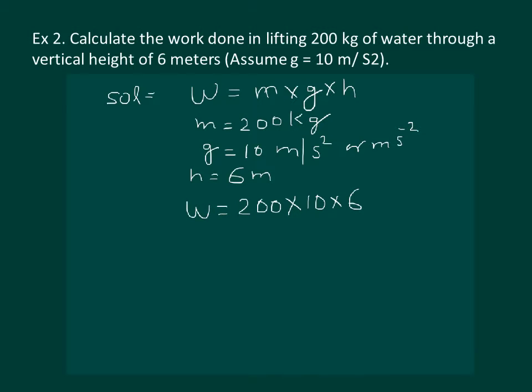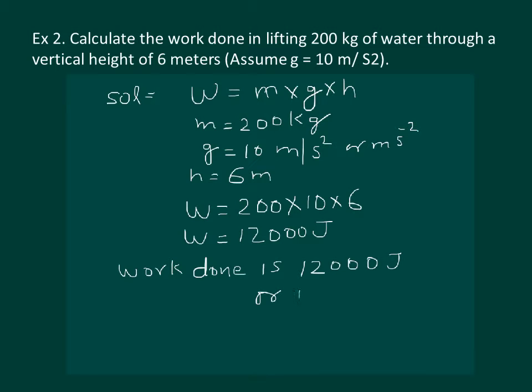So it comes to 12,000 joules. The unit of the work done is joules. So the work done is 12,000 joules, or 12 kilojoule.